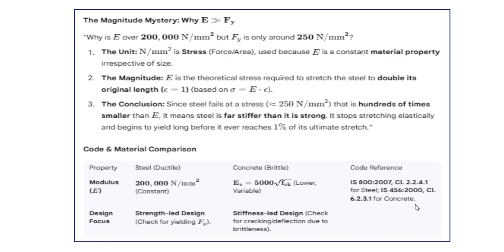So these are the codal references: IS 800:2007, clause 2.2.4.1, we have seen, and IS 456:2000, clause 6.2.3.1 for concrete. The design focus: steel is strength-led design, concrete is stiffness-led design. Okay.